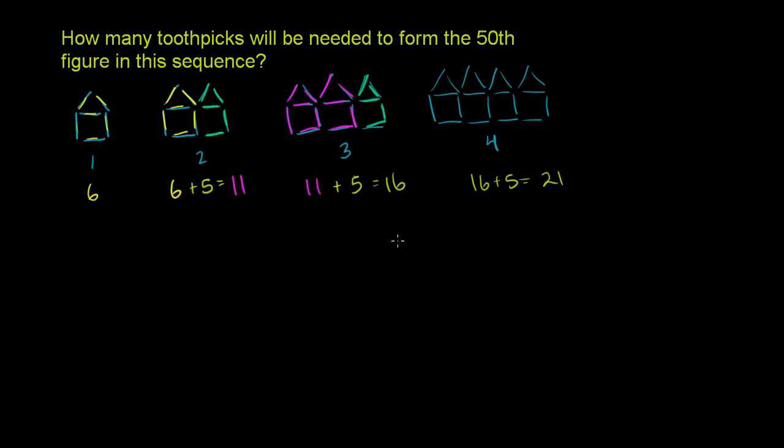Now there's a couple of ways to think about it. You can think about however many more you are than 1. So let's say you are in the nth term of the sequence. If you are in the nth term, you're going to be n minus 1 more than 1.